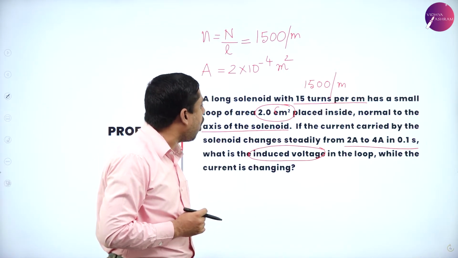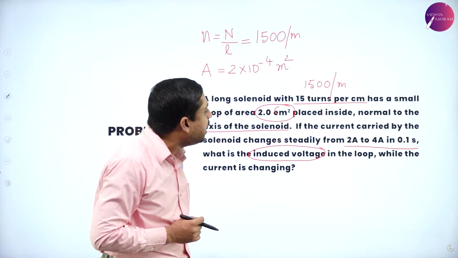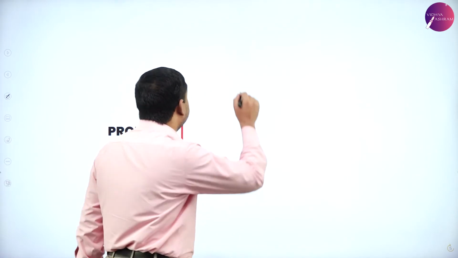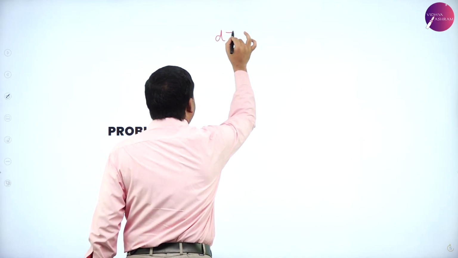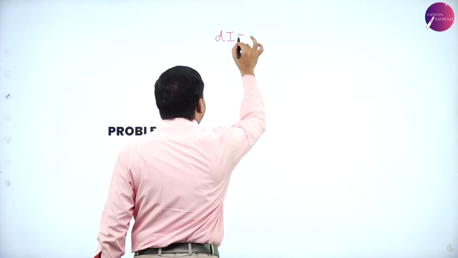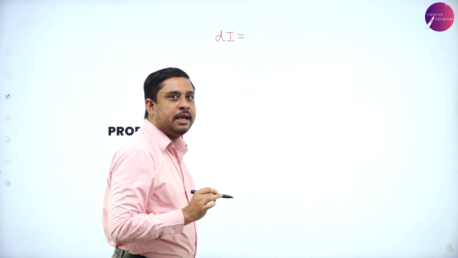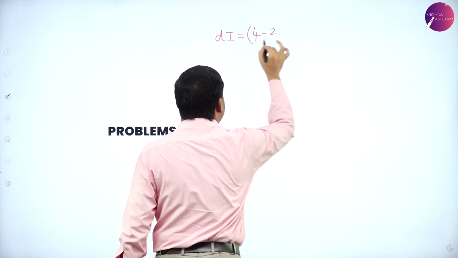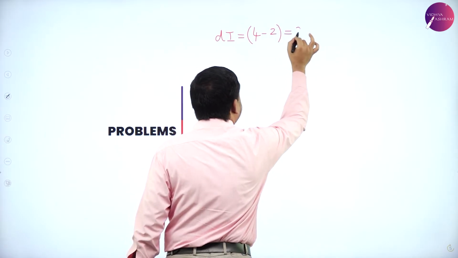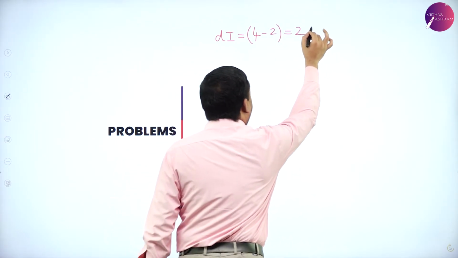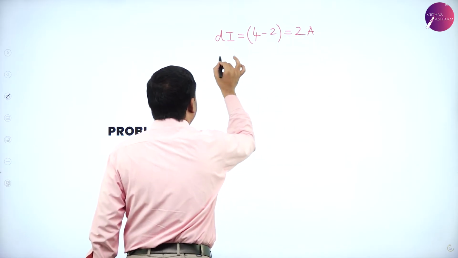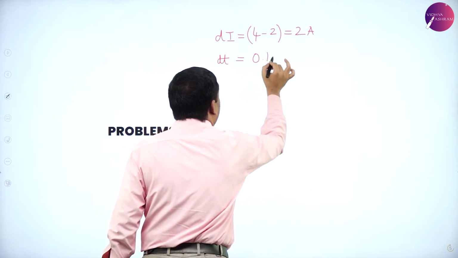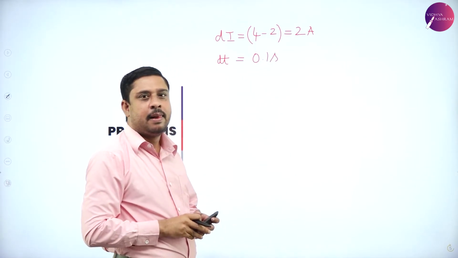Current changes from 2 ampere to 4 ampere, which means change in current dI is 4 minus 2, which is equal to 2 ampere in a time interval of 0.1 seconds.